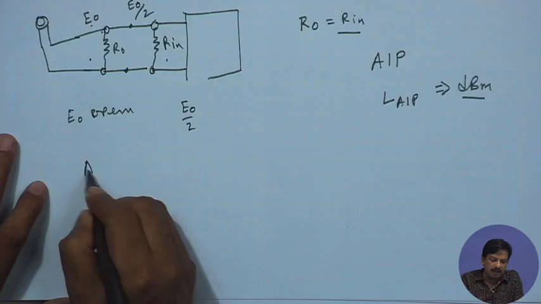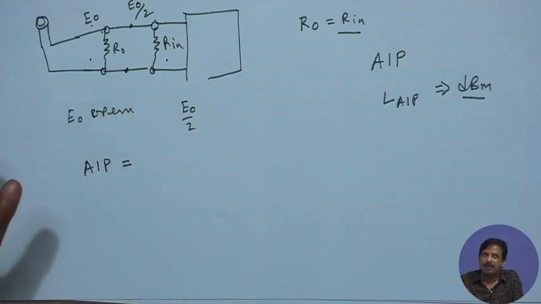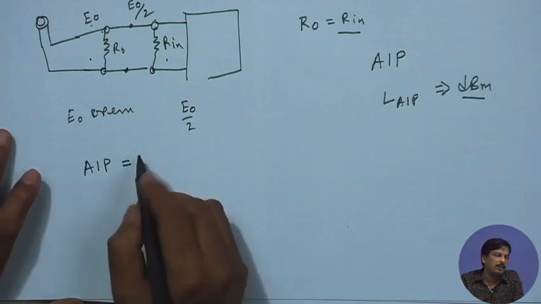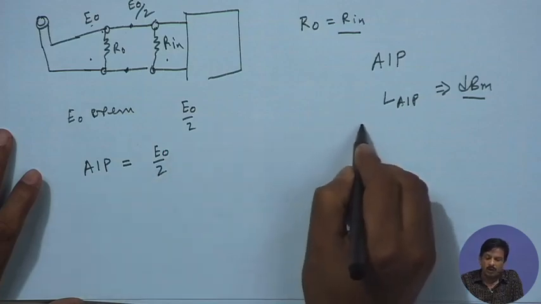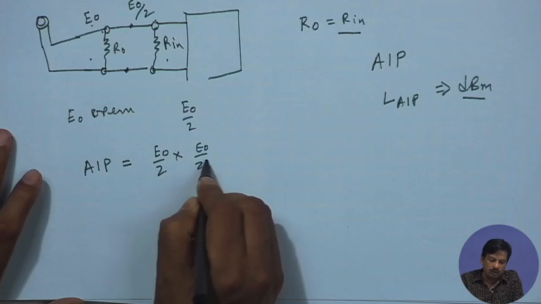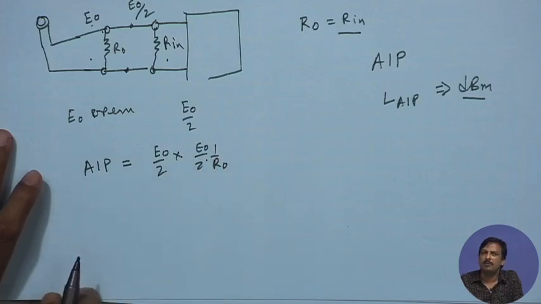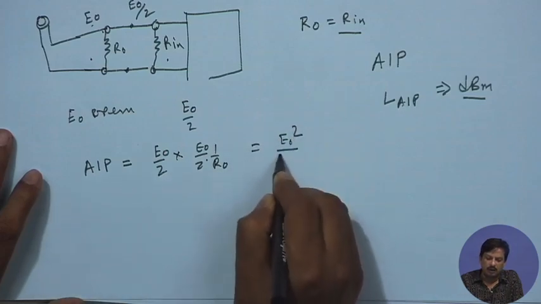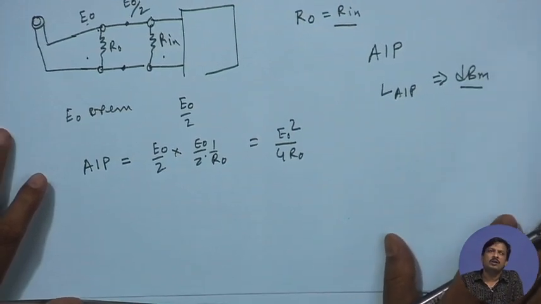So, available input power, not level, I said available input power. If it is level, then it will be dBm. Available input power is E0 by 2 voltage into current, since power is nothing but V into I. What is I? V by R, that is E0 by 2 into 1 by R0. So, it is nothing but E0 square by 4 R0. Now, what is E0?